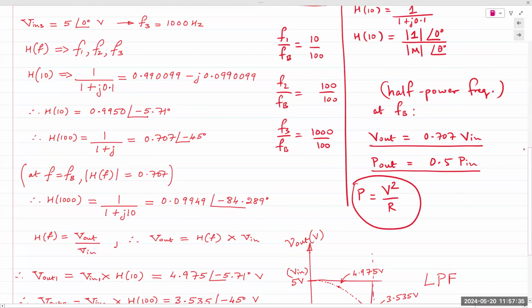So break frequency, cutoff frequency, half power frequency, they all mean the exact same thing when it comes to filter circuits. Okay, fB, fC, half power frequencies. That is the border between the pass band and the block band. That's the transition point between the pass and the block.